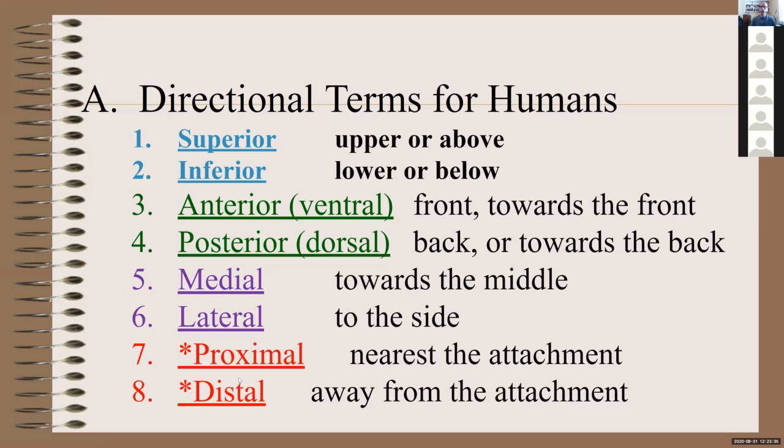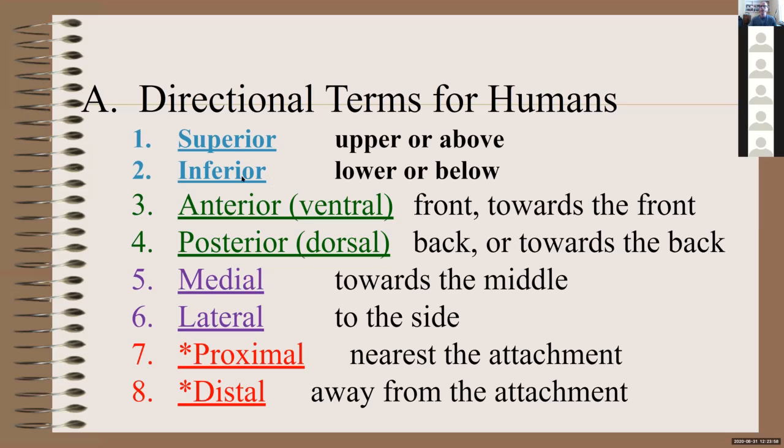I may tell you to look for a structure that is proximal to another structure. So you'll have to look at the structure, see how it attaches to whatever we're dissecting, and look for something that's closer to the attachment. Distal has to do with being away from that attachment.